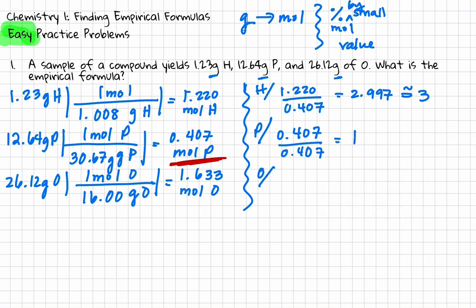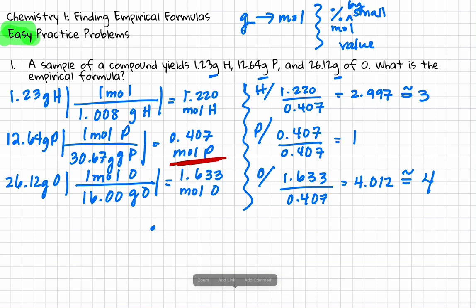And then oxygen, 1.633 divided by 0.407 is going to be 4.012, which is approximate to 4. Therefore, the formula is H3P1. I'm not going to write it down because it's understood, and O4.